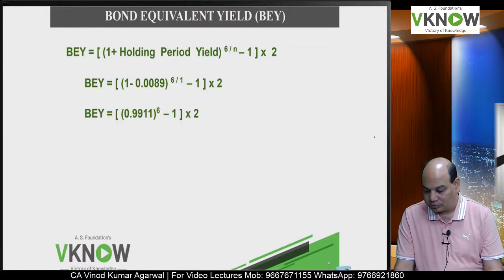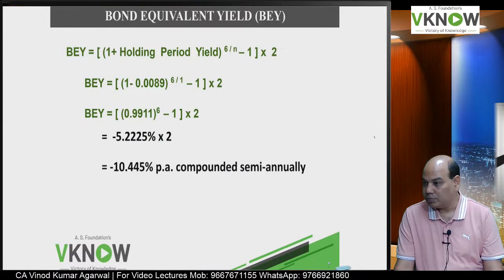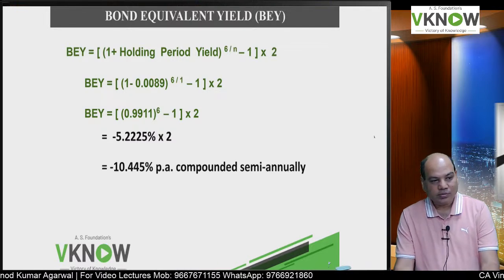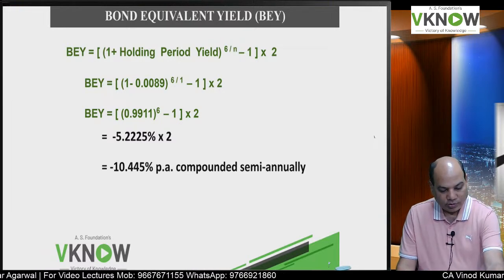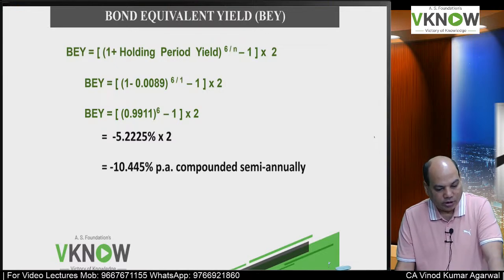The final answer is minus 10.445%. Is it right? Yes, per annum compounded semi-annually.